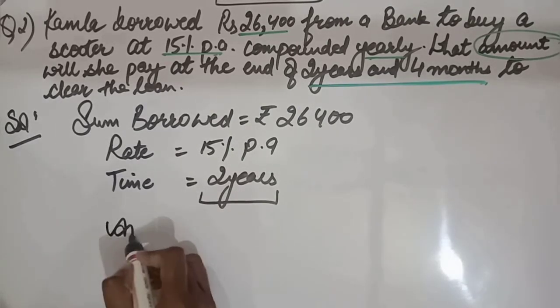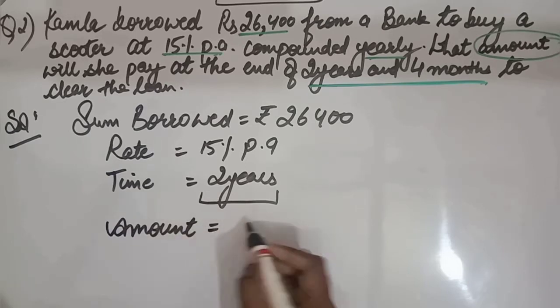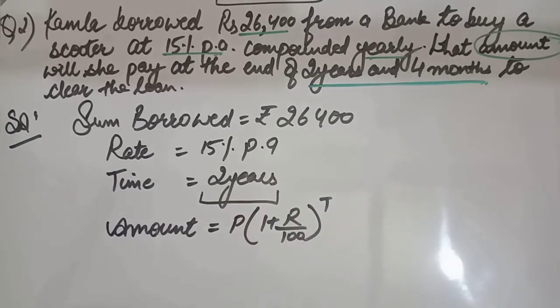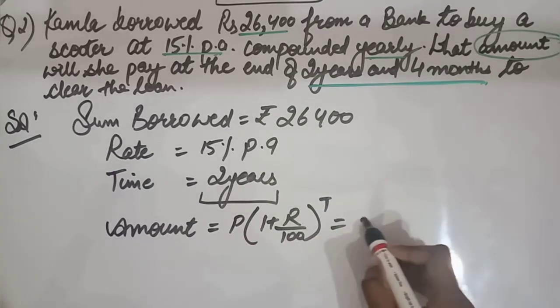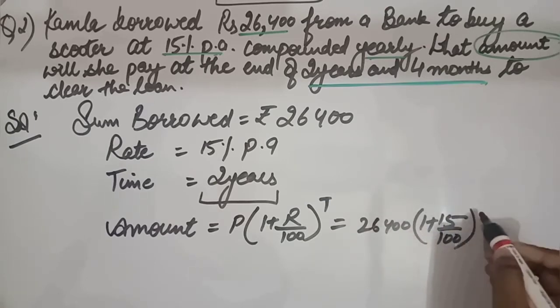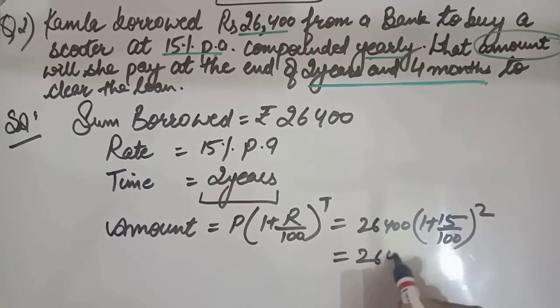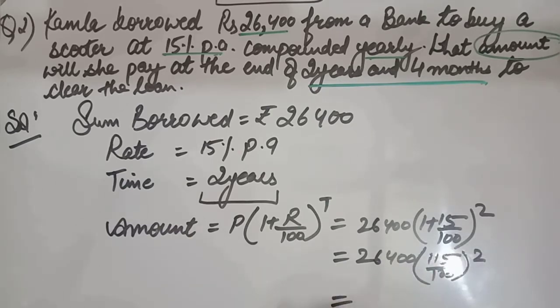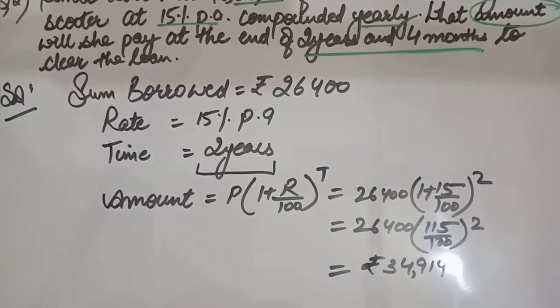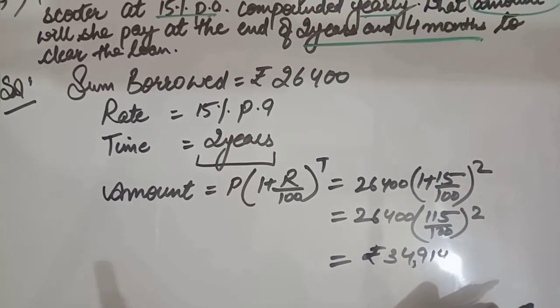Now amount is equal to P(1 + R/100) to the power T. Principal is 26,400. 1 plus 15 upon 100 to the power 2. 26,400 into 115 upon 100 to the power 2. That will come out to be rupees 34,914. This is our amount. Okay? This is the amount which she will pay at the end of 2 years.